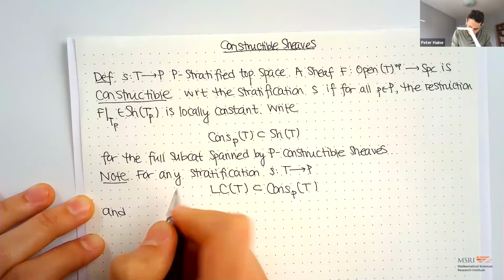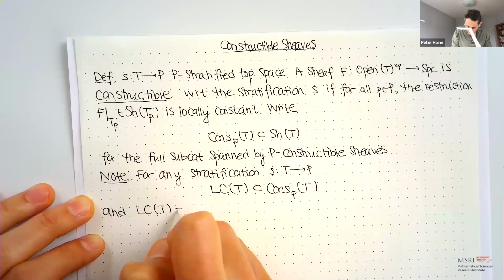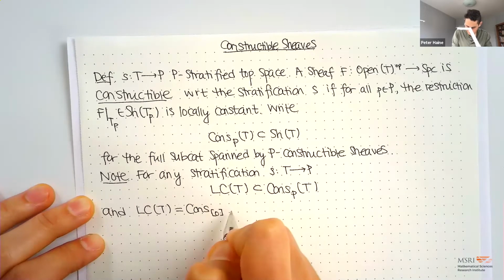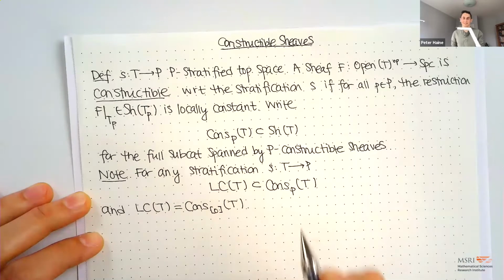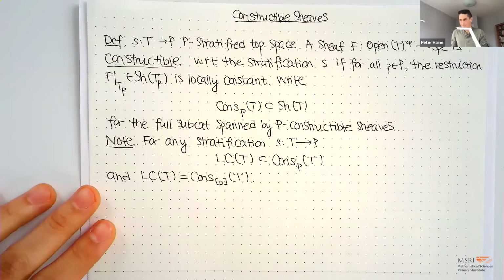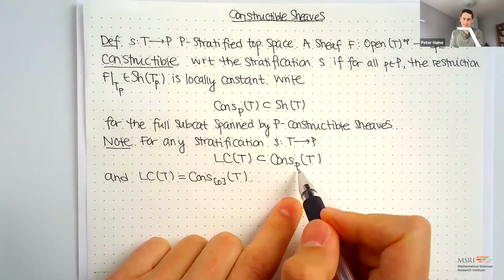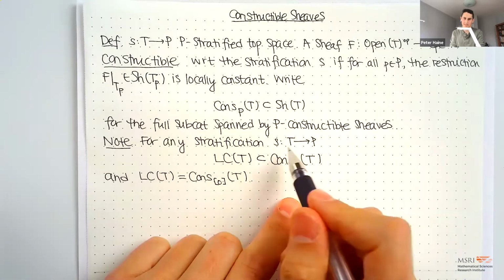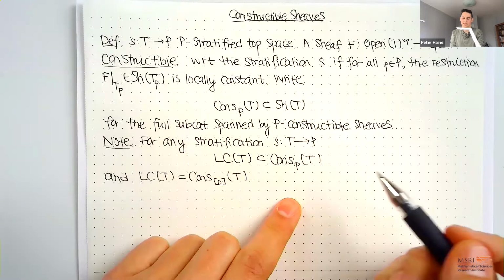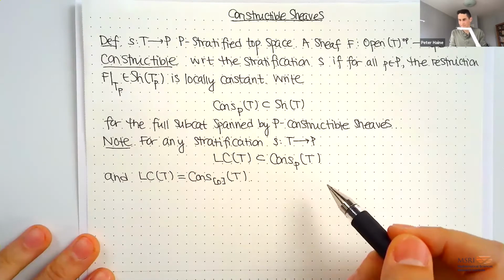The locally constant sheaves are also equal to the sheaves that are constructible with respect to the stratification by the trivial poset. This notation is slightly abusive because it depends on the specific map S: T to P, not just the poset. But I'm just going to write it like this because it's convenient.